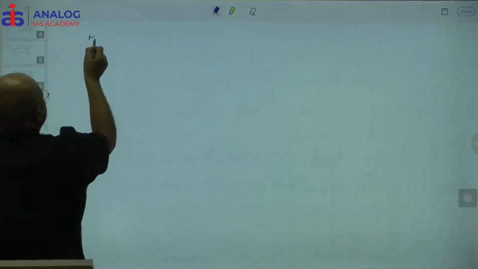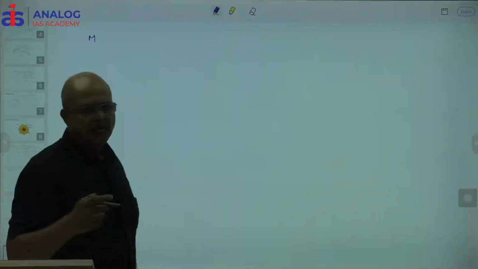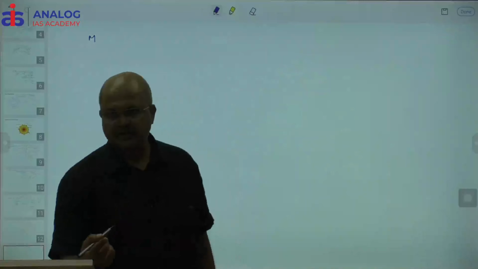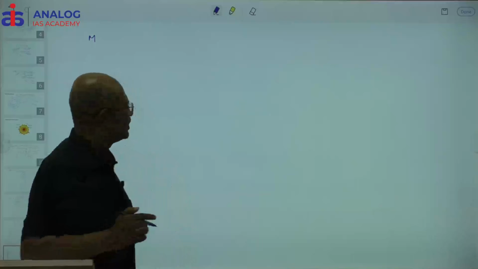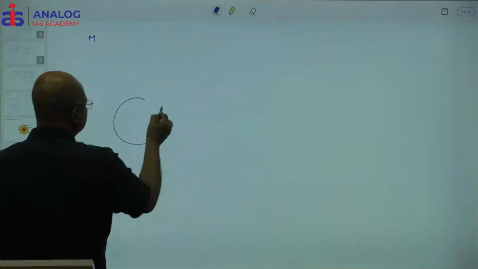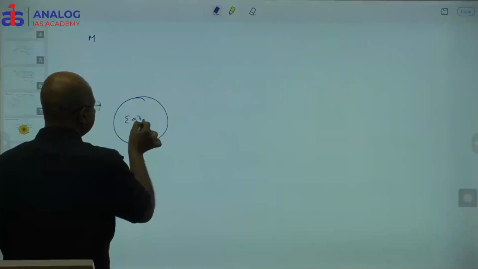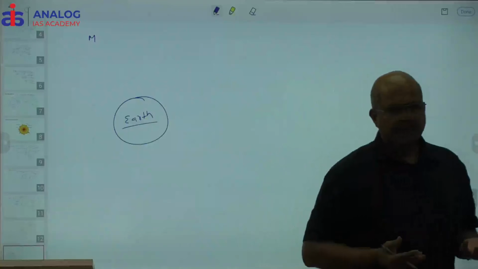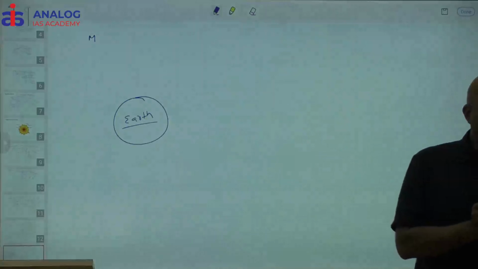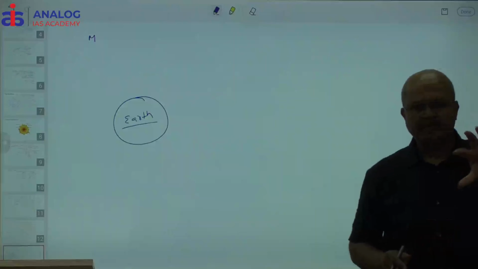We have something called meteoroid, meteor, and meteorite. Are the three terms different from each other? This is the Earth. Objects which are spherical, we refer to them as planets. Smaller than that, we refer to them as asteroids.